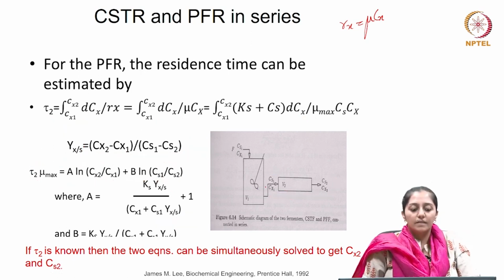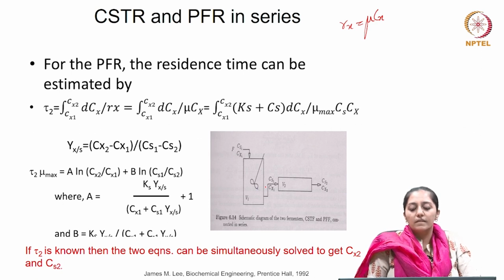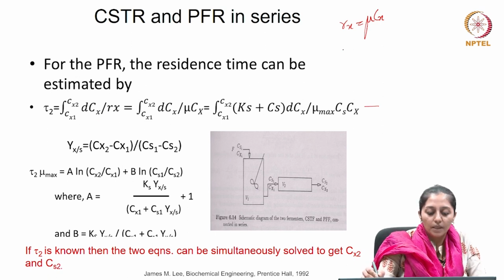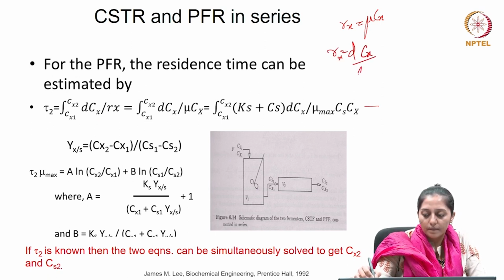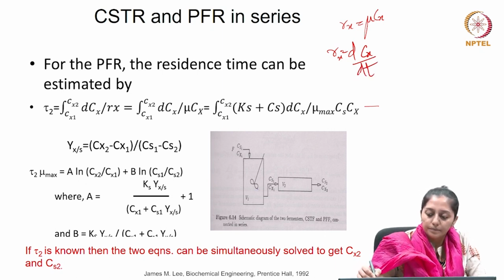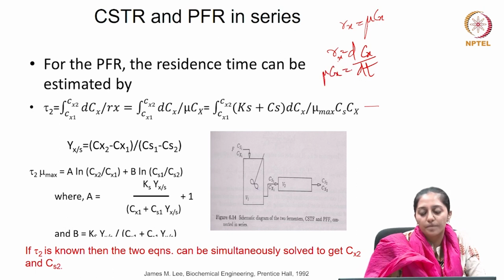Now, the second reactor is the plug flow reactor. For this plug flow reactor, the residence time can be given as follows. We know that RX is dCX by dt for a batch reactor, and RX is the growth rate, which is mu CX; dCX by dt is the rate of accumulation of the biomass.